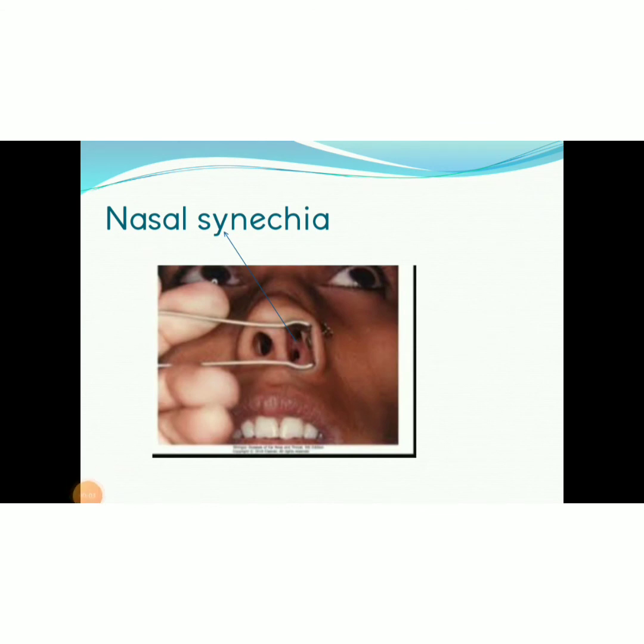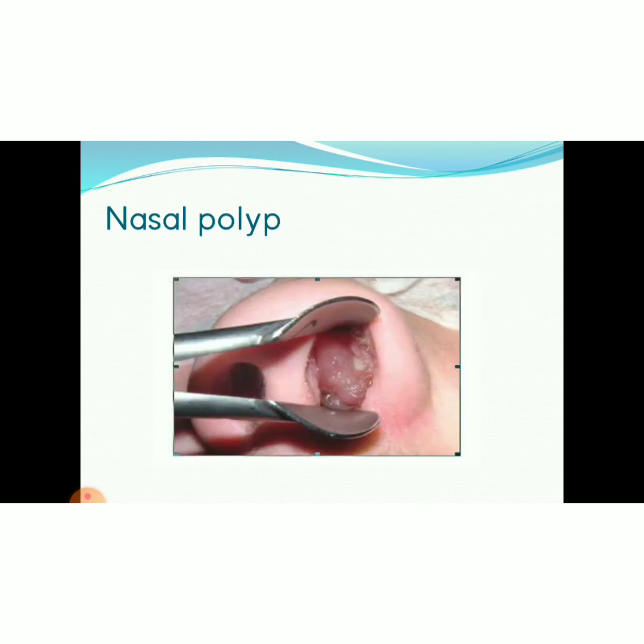Formation of adhesion between the nasal septum and turbinates by scar tissue because of injury, intranasal operation or severe infections is called nasal synechiae. So it's basically an adhesion between the medial and lateral wall of the nose. Then nasal polyps.